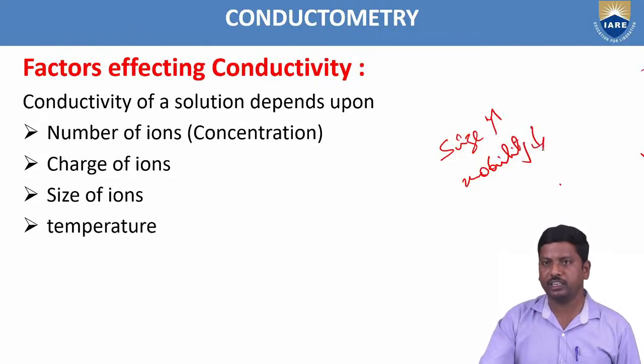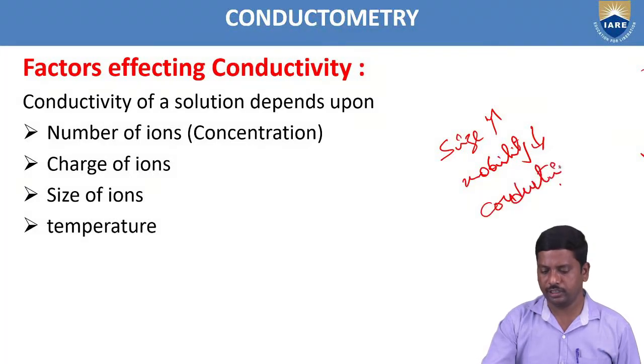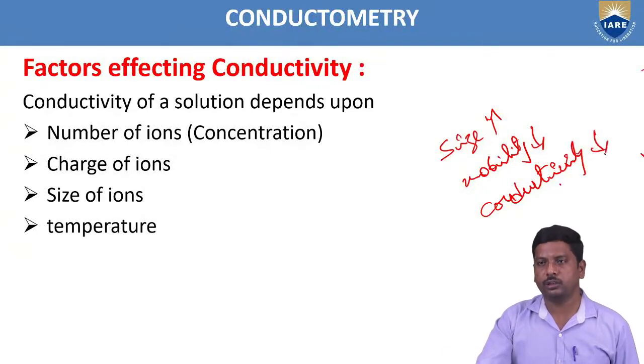So when mobility decreases, automatically conductivity also decreases. So the size of the ions is inversely proportional to conductivity.